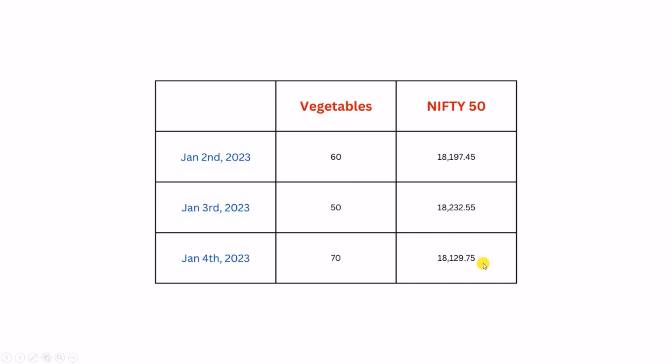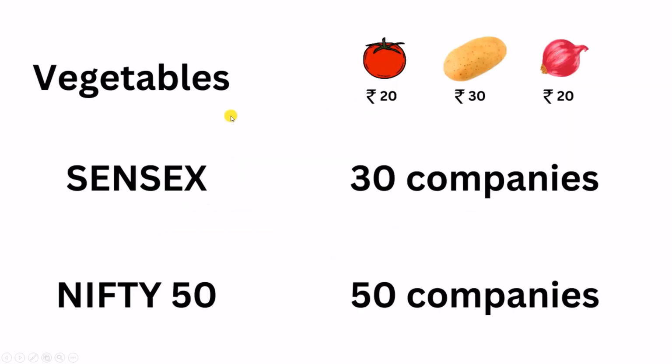Alright, this is what an index is. An index gives you an idea of how the price of stocks is moving, just like how the 60 and 70 gave you an idea of how the price of these three vegetables is moving.